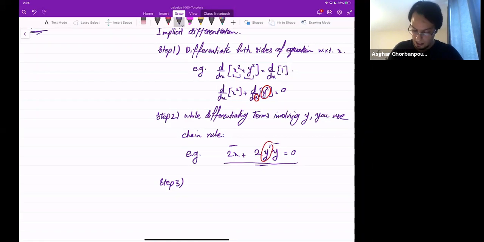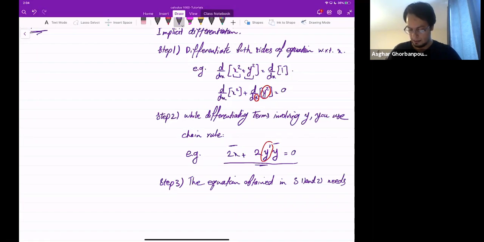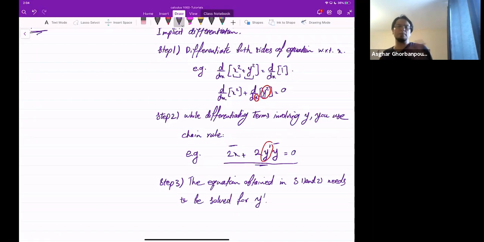So in other words, the equation obtained in steps 1 and 2 needs to be solved for y prime. In other words, let's separate y prime.